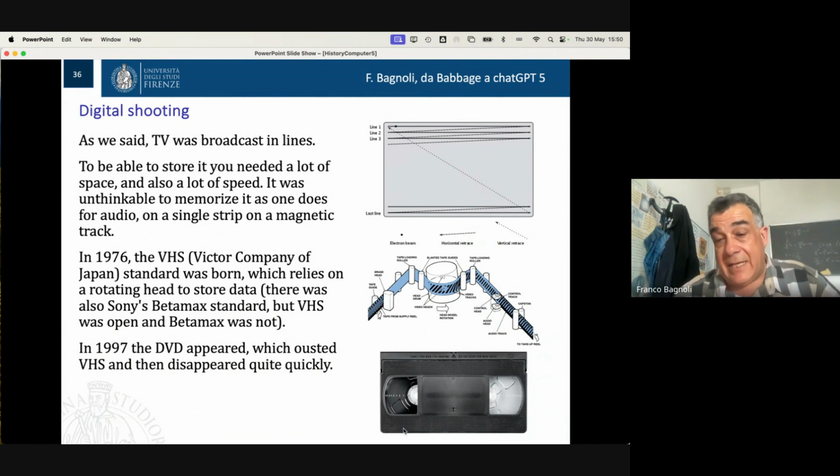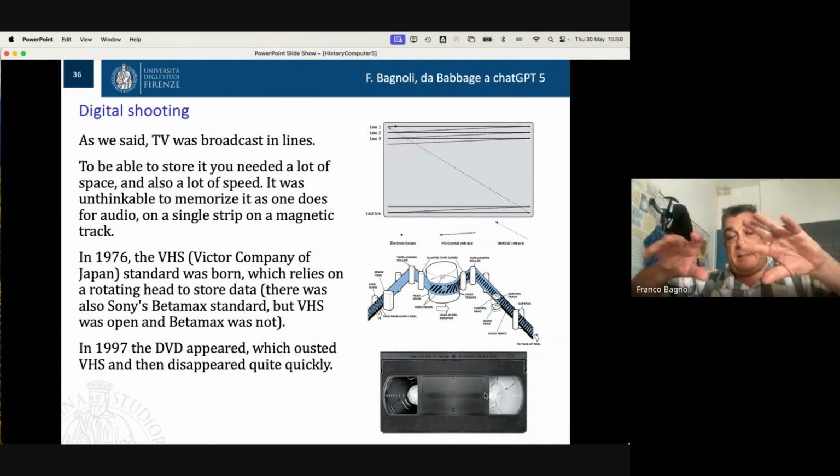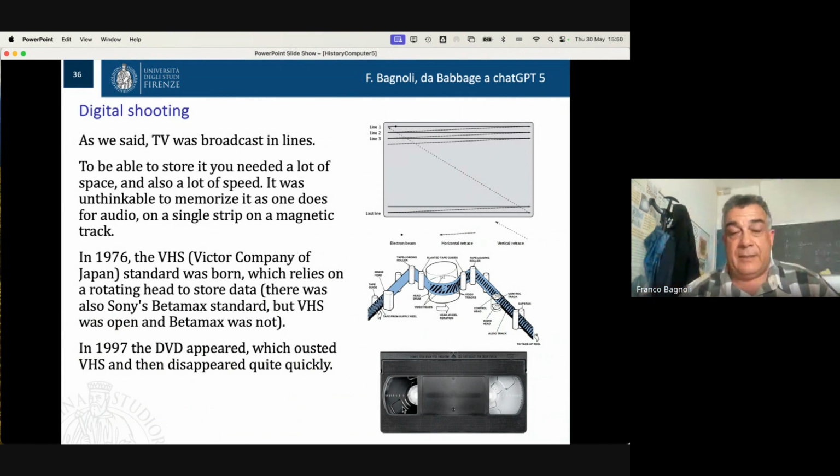And I remember well having these cassettes, this tape box, and losing the tape, also because VHS was not the best way of storing the tape. Beta was much better, because it had a way of controlling the speed of the tape better.